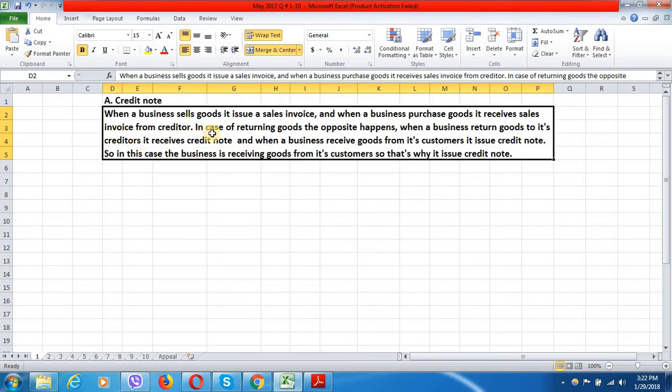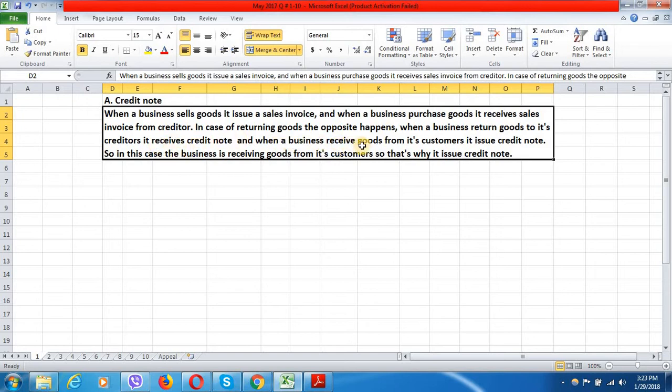When a business sells goods and when the same business returns goods to its suppliers or creditors, the goods are issued by the business in both the cases. But when it's selling goods to its customers, it issues a sales invoice, and when it is returning goods to its suppliers or creditors, it receives a credit note.